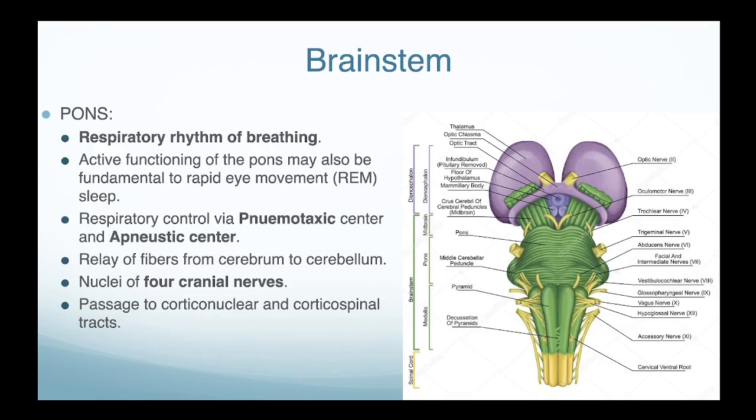So that's respiratory control. Also associated with rapid eye movement sleep. So think pons, think sleeping, think breathing, think respiratory rhythm. And it's where you find the nuclei of 4 different cranial nerves. In the pons region over here, you can see, for instance, the trigeminal nerve, which is your nerve of facial sensation, etc.